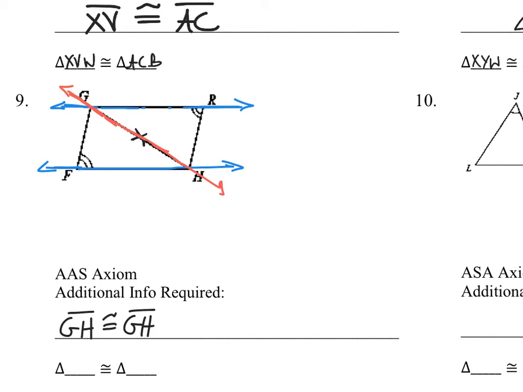The ones that I'm going to choose to select would be these two. As long as the two angles I select are not surrounding the side, the pair of corresponding congruent sides, then I'm fine. And there's no way that that could happen based on the given angle, so I'm in good shape. So this would be angle RGH would have to be congruent to FHG.